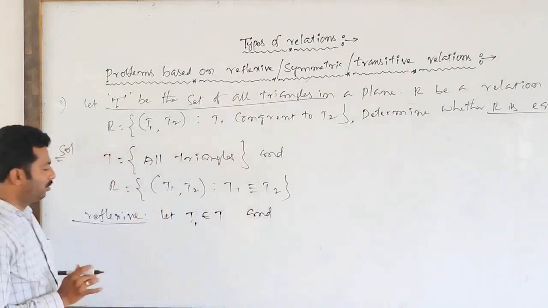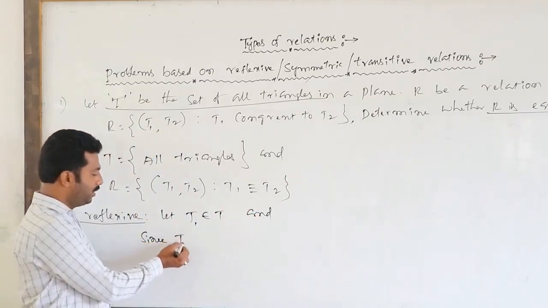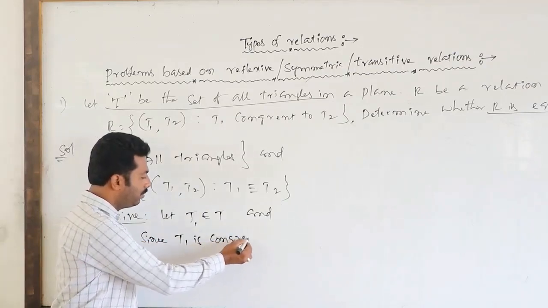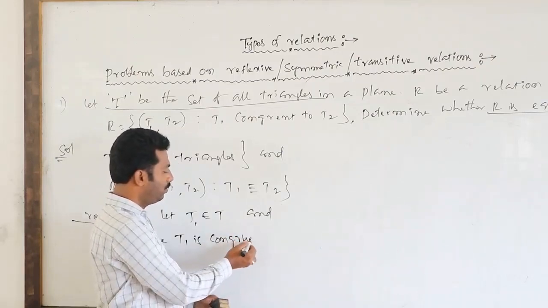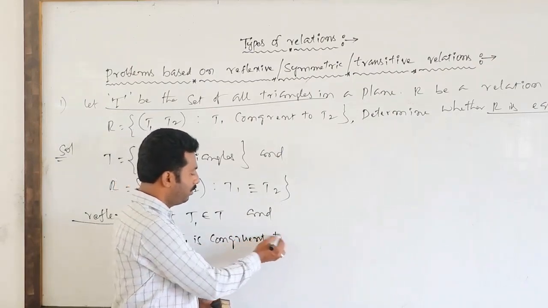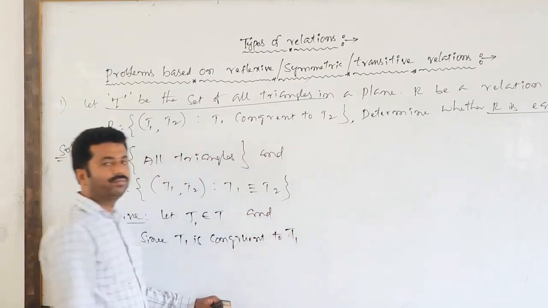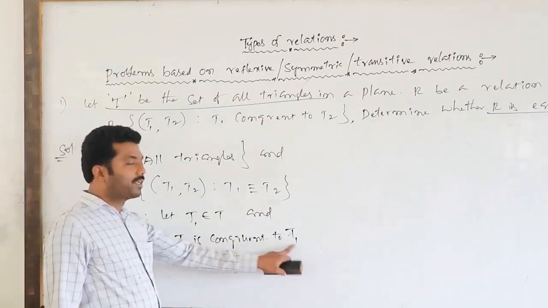Just we are making a conclusion. Since T1 is congruent to T1 itself, yes, every triangle is congruent to itself.